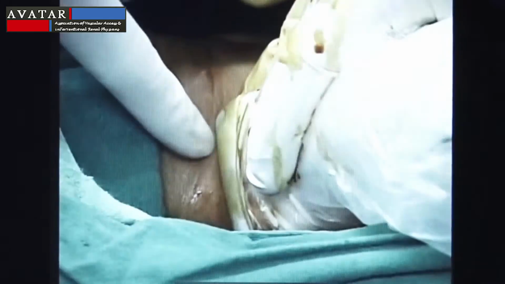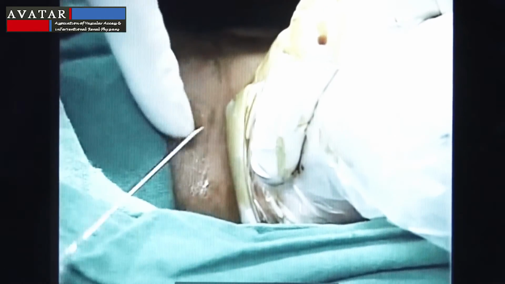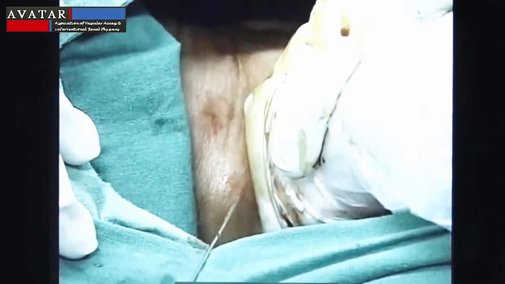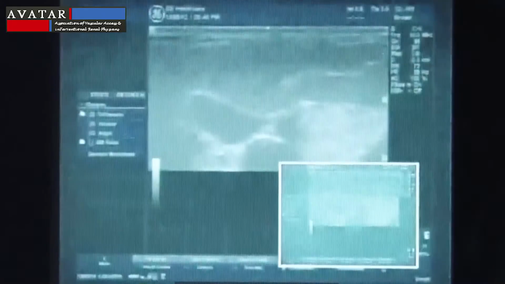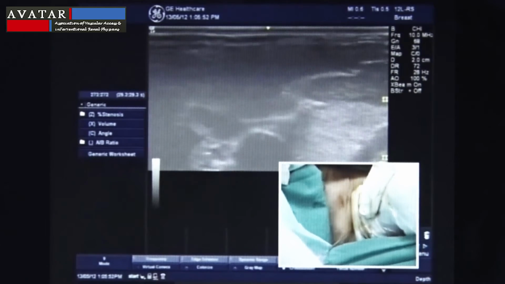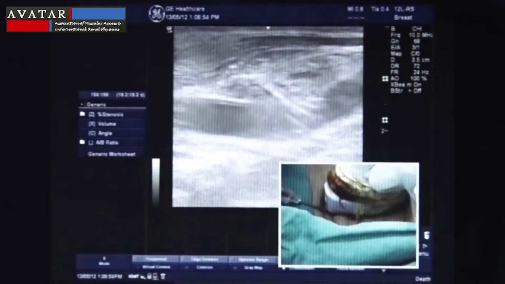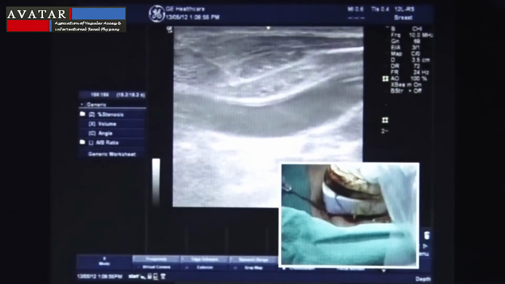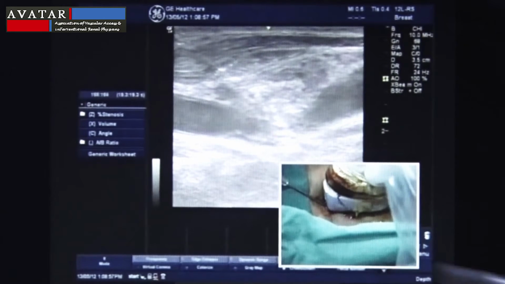In our practice, we try to puncture as low as possible, just close to the clavicle. And if you see the vein, we are entering the vein from the lateral aspect. If we enter the vein from the lateral aspect, that gives a very smooth curve and avoids kinks in the catheter.